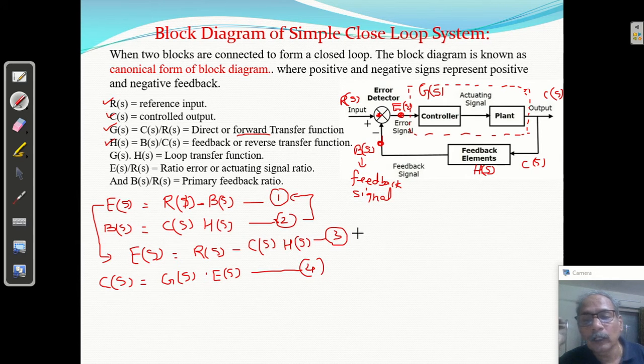So the value of E of S from 3 we will put here in 4.